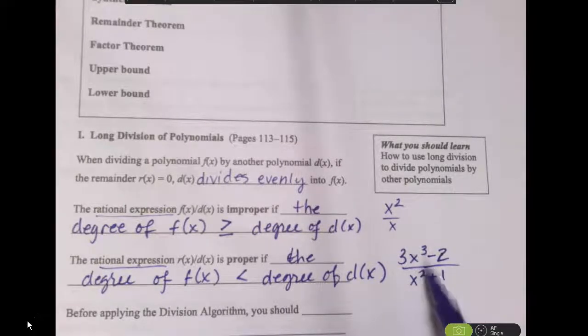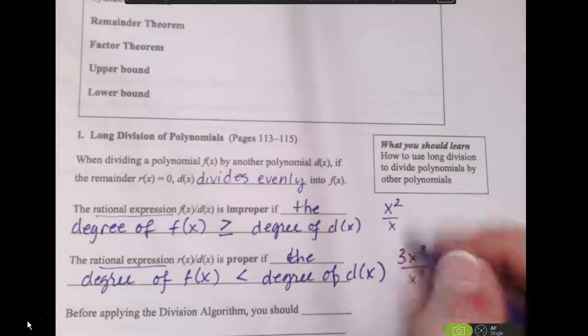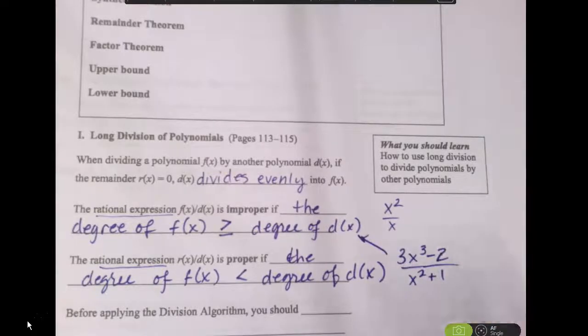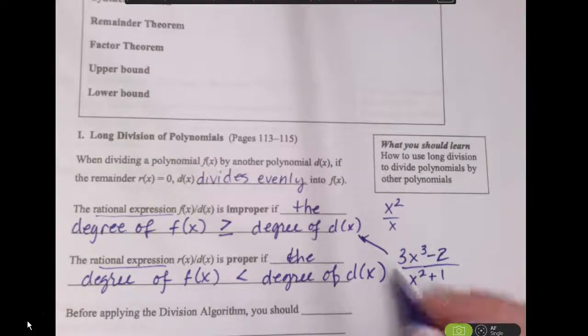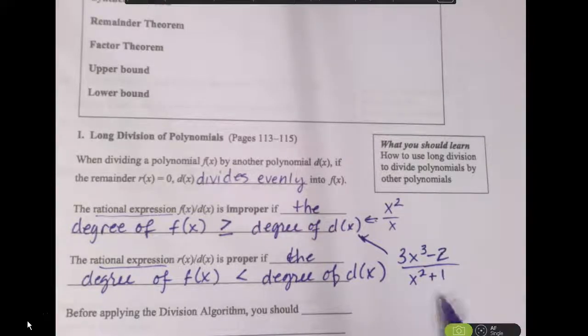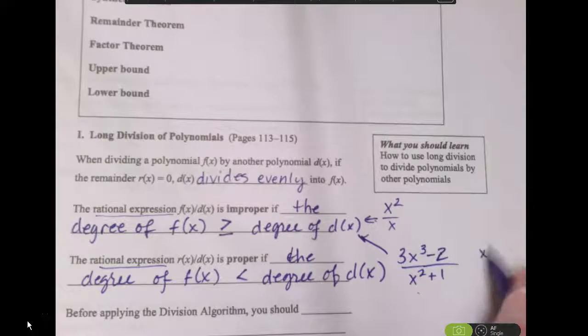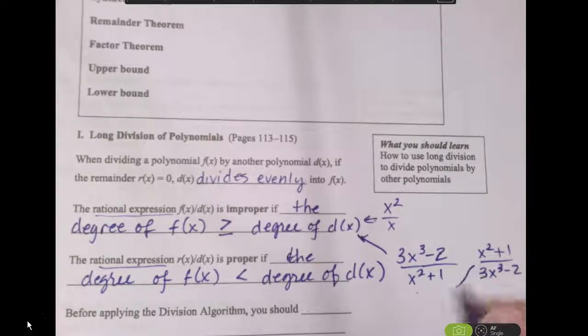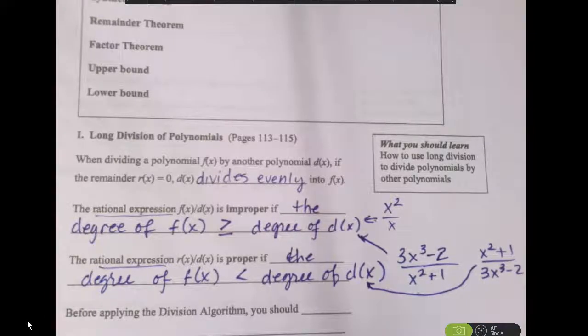Say, you can just look at the degrees, and if it's higher on the top, then that is going to be improper, and then proper is when the degree is higher on the bottom. So I could just switch these around and have the lower one on the top. So that's my example of a proper one.